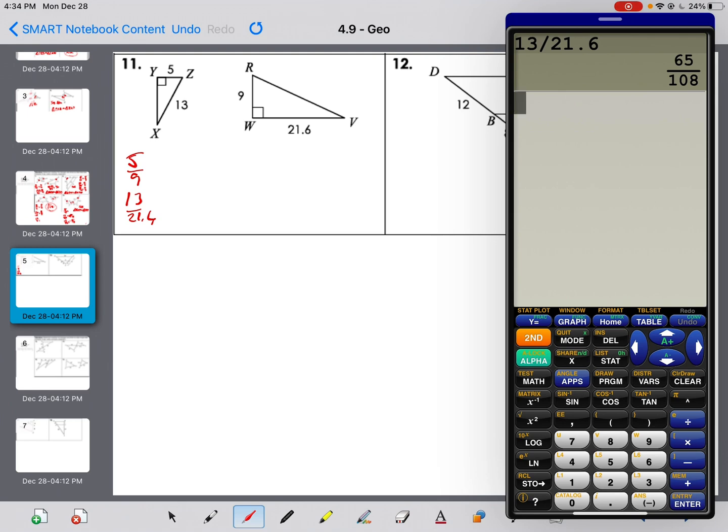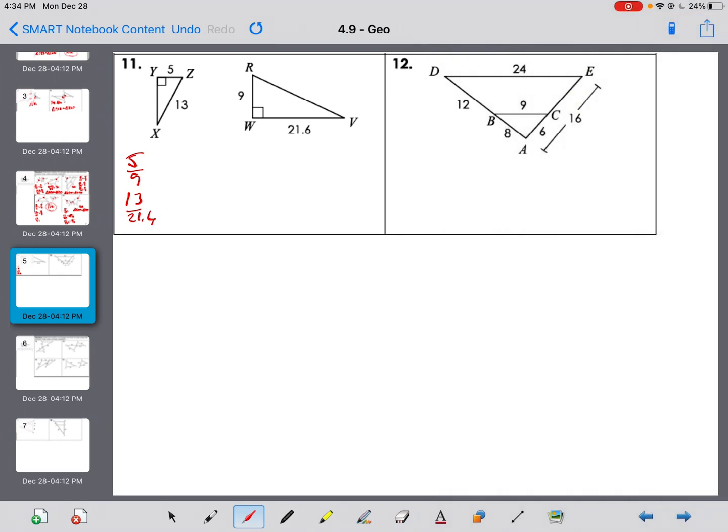What we don't know is pieces that match. We can't really tell from what this is telling us because we don't have pieces that match up, right? We don't know that they're similar, so we can't assume that they're similar.